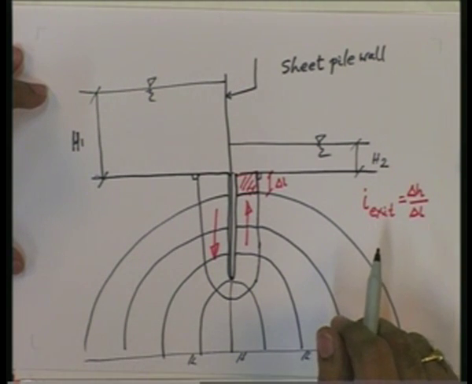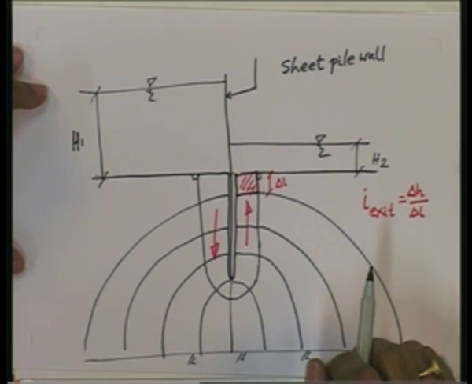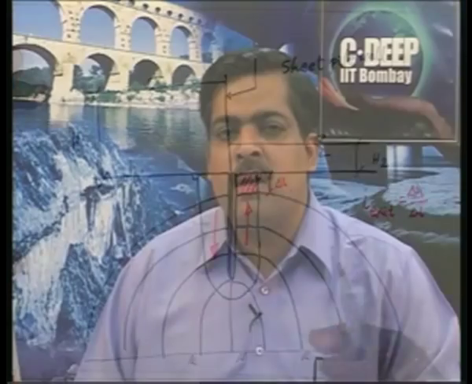Then we also discussed the critical hydraulic gradient, while discussing the flow of water through soils. We defined that when the head reaches the critical head divided by the length of that flow, that is treated as the critical hydraulic gradient, and we said that it can be related as (Gs minus 1) by (1 plus e), which is gamma dash by gamma W.